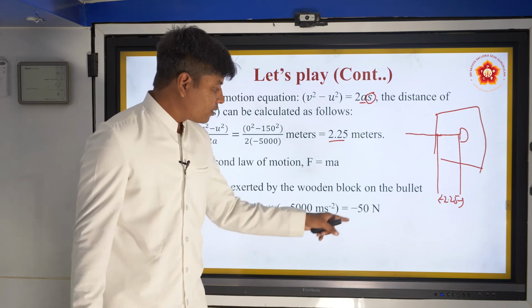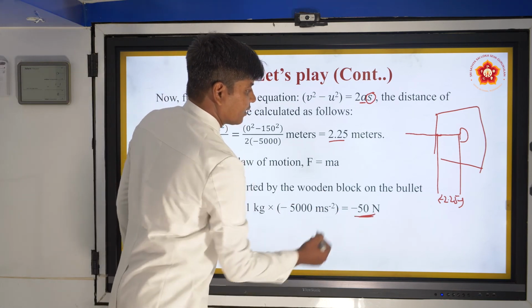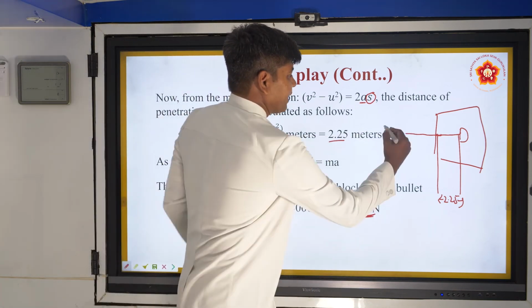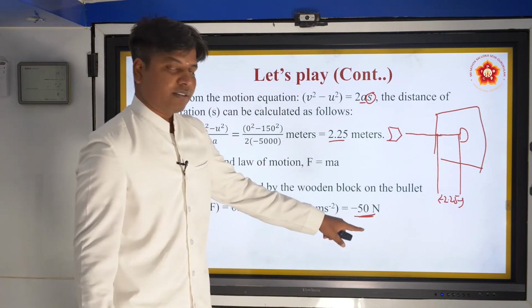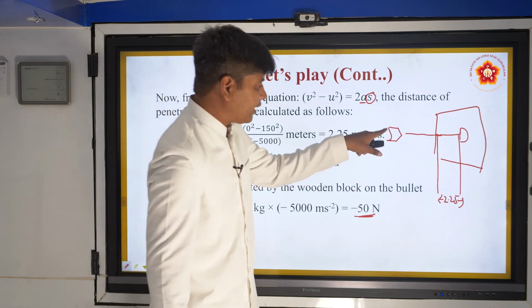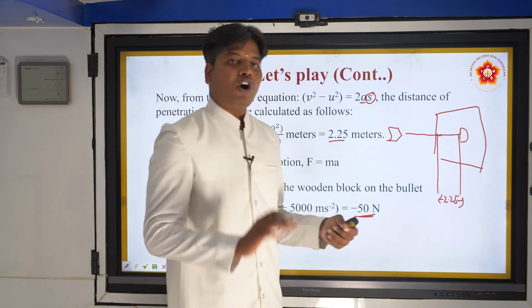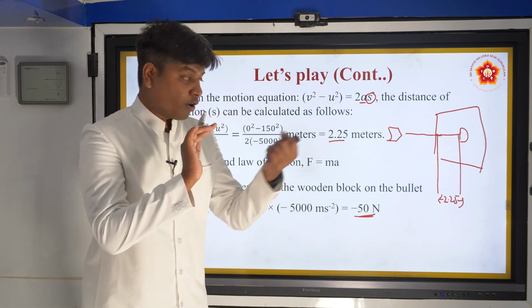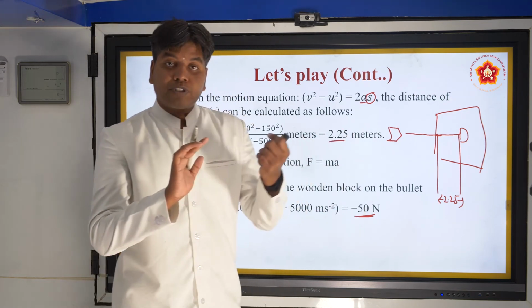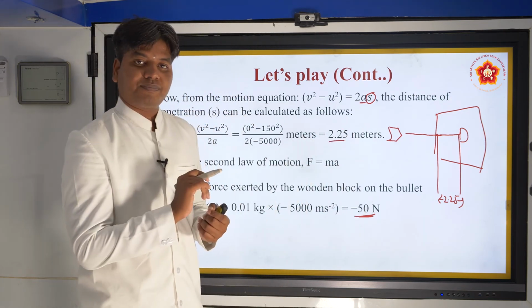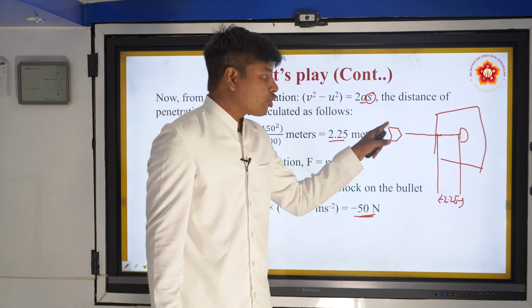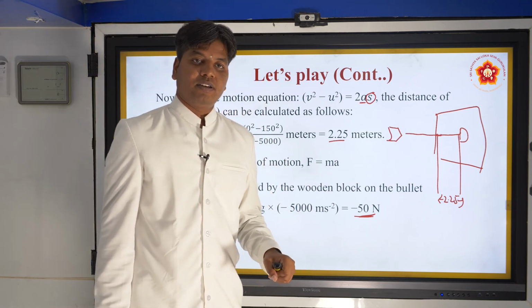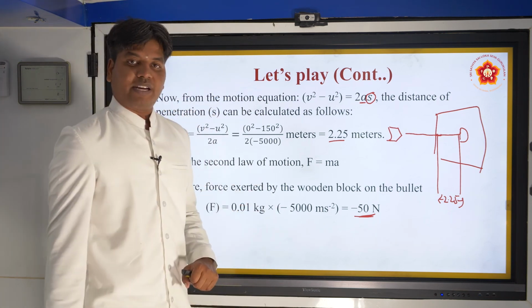You multiply both, you will get minus 50 Newton. So this block is applying minus 50 Newton. That means it is applying 50 Newton on the bullet, opposite to the motion of the bullet, right, to stop it. So it is applying 50 Newton to stop this bullet. So this is what we get.